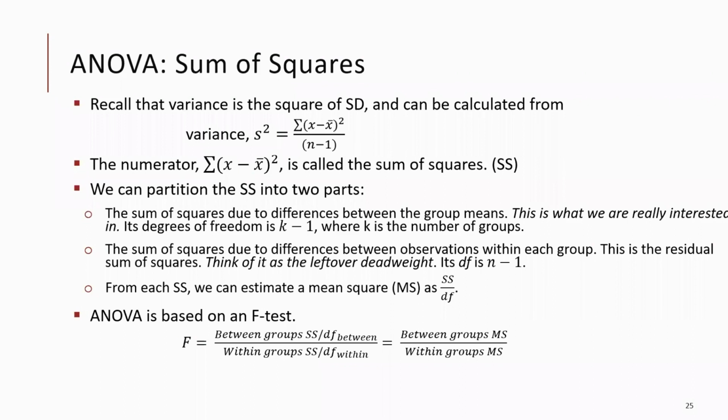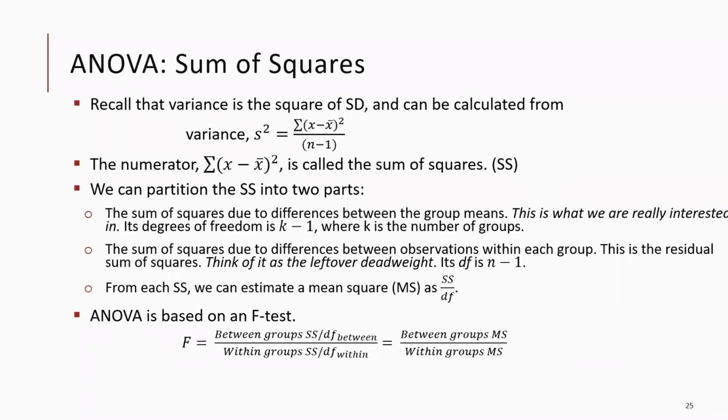Here, we introduce a new concept, which is the sum of squares, the summation of the squares of the differences between the means: the population mean minus the sample mean, or the observed mean minus the expected mean, depending on what populations we're looking at.